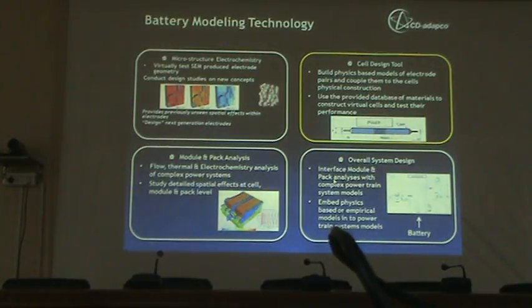I get the cell design file from one of my colleagues who works on electrochemistry. I try to create a pack out of it, and I run a thermal simulation to see how the CFD solvers talk to the electrochemistry solvers, and we'll see how they work. And I will give him back a thermal profile for each and every cell in the battery pack.